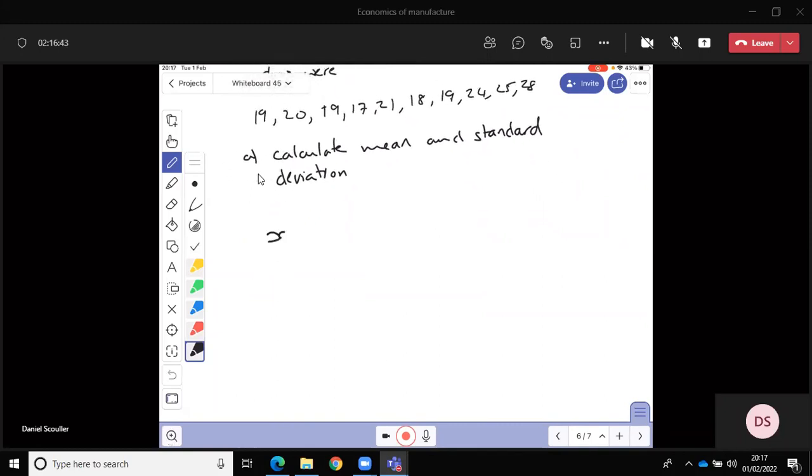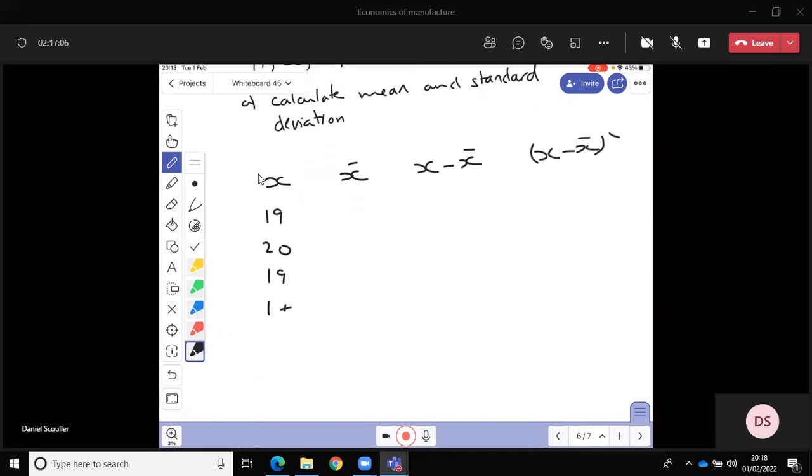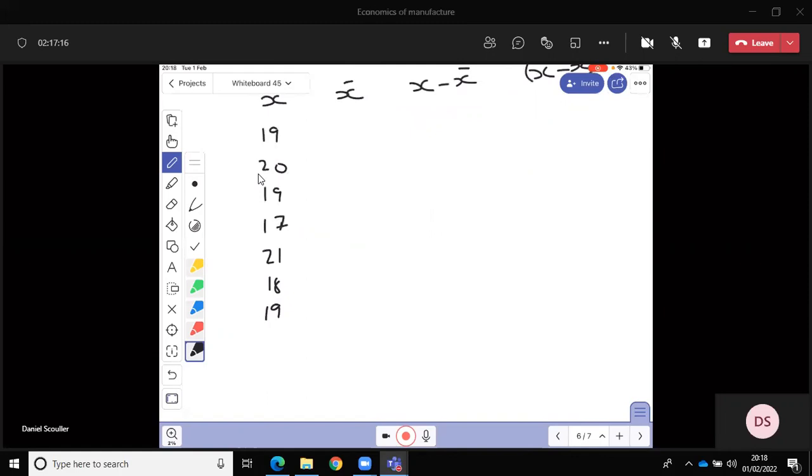It doesn't need to be in order. 19, 20, 17, 21, 18, 19. What's really common is missing out a number.